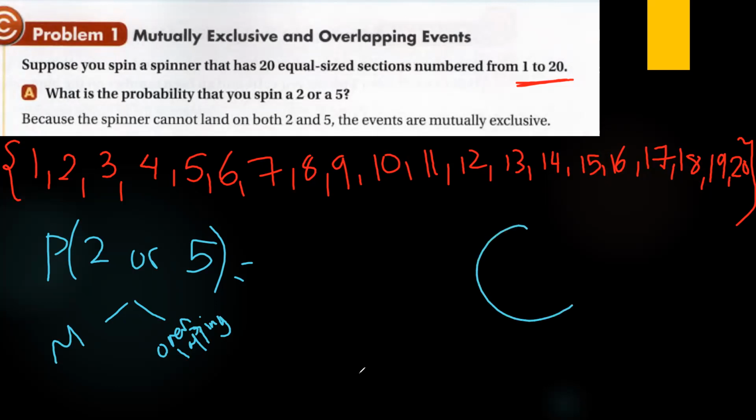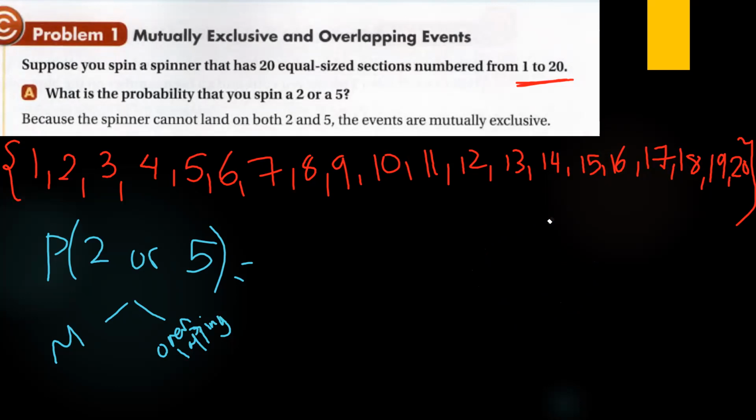When you rotate the spinner, can it stop at number 2 and number 5 at the same time? No, exactly. It cannot stop at 2 and 5.